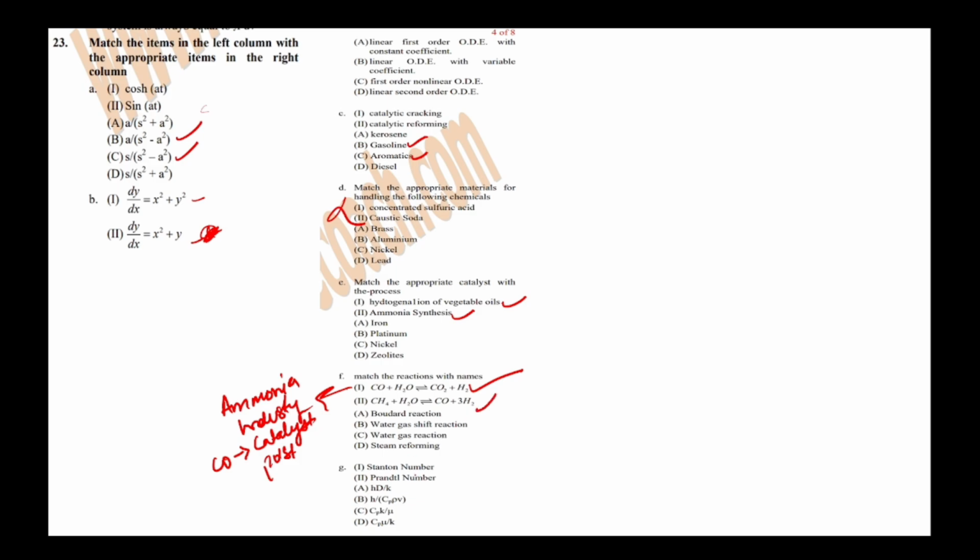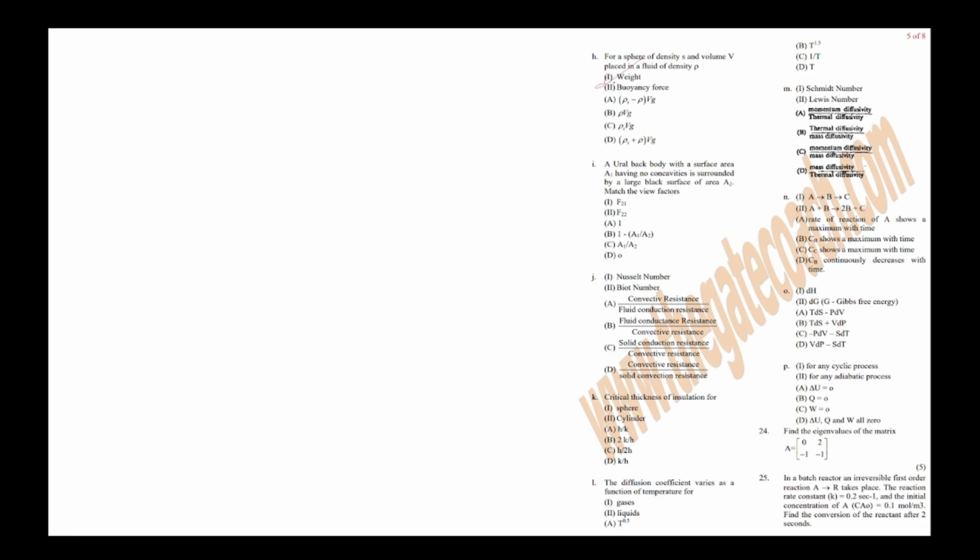Stanton number, Prandtl number, you know. Weight is rho g V, buoyancy force is rho fluid V g. This we will see later, very good questions will come later. So Nusselt number, Biot number, you know.